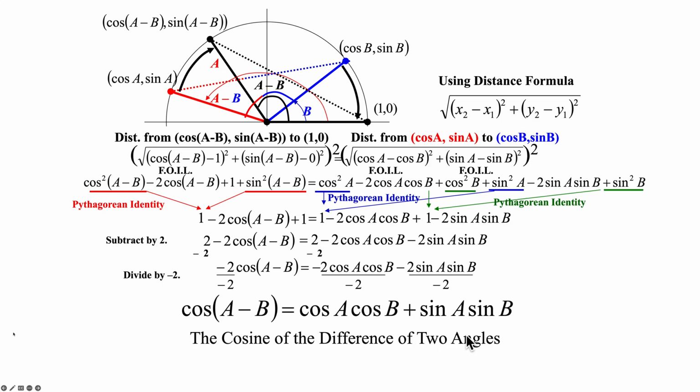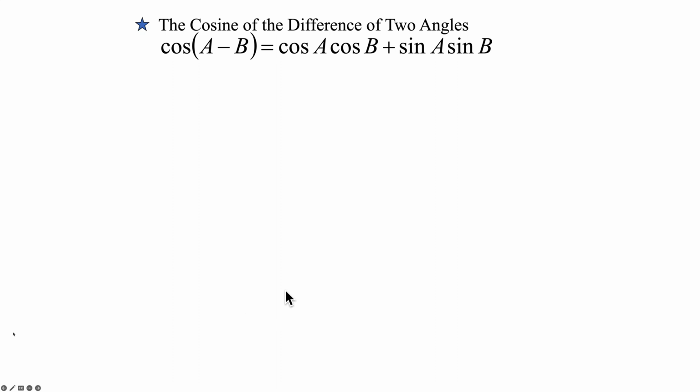Now, if we have a minus, we also have to have a plus. So cosine of A plus B is using this identity, and we're going to substitute in a negative B for all the B's, because if you have minus and negative B, that'll turn this into a plus.